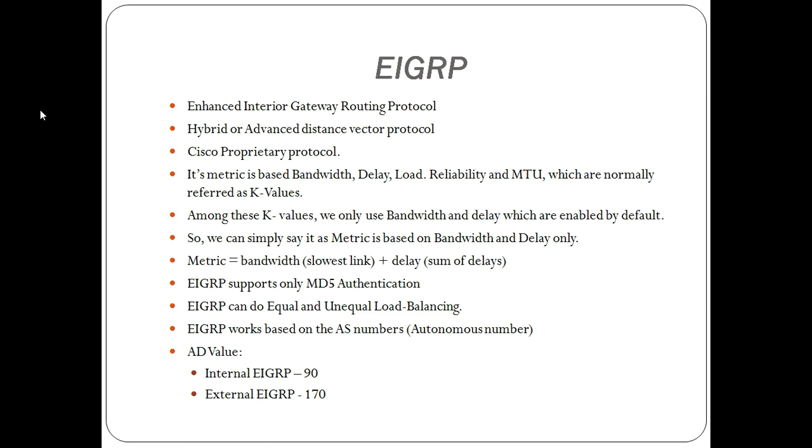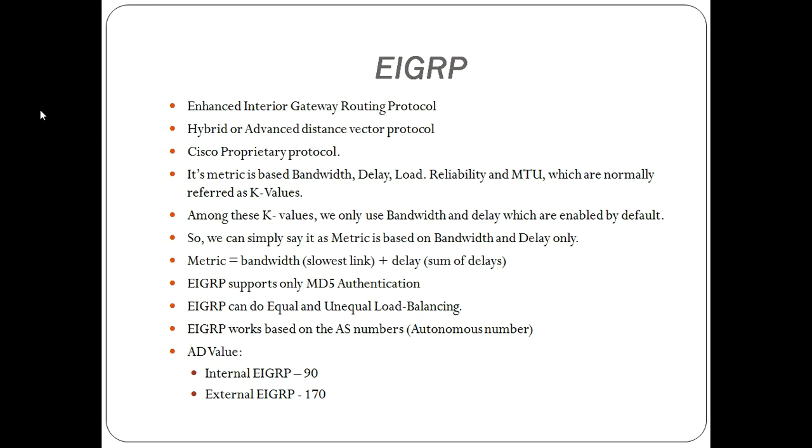Next is the AD value. There are two AD values: internal EIGRP and external EIGRP. What is internal EIGRP? A network that originates within the same EIGRP is said to be internal EIGRP. External EIGRP routes are those learned from other routing protocols and redistributed into EIGRP.